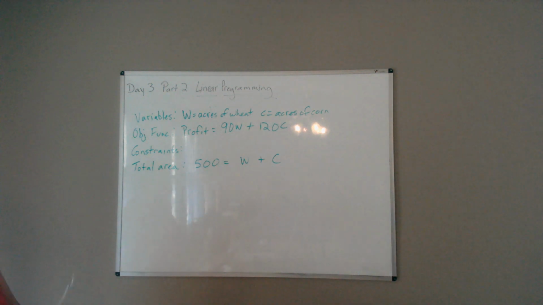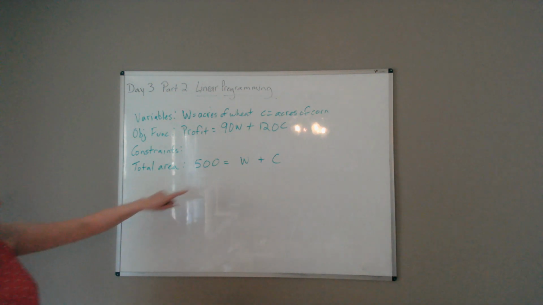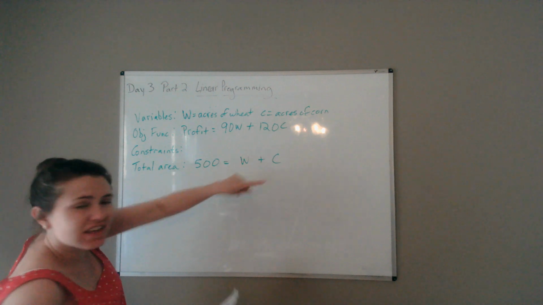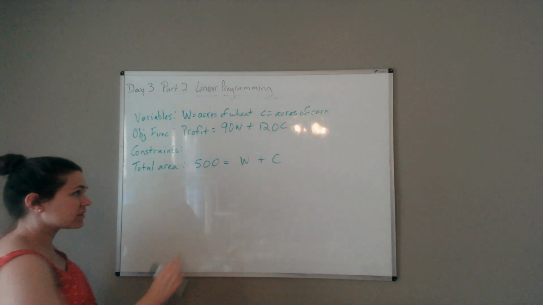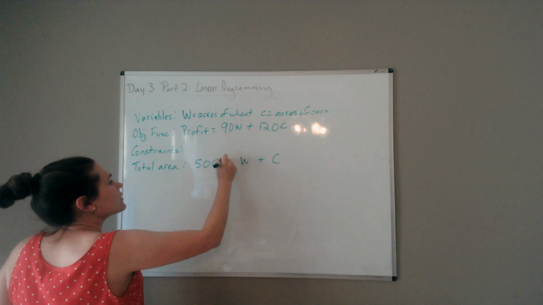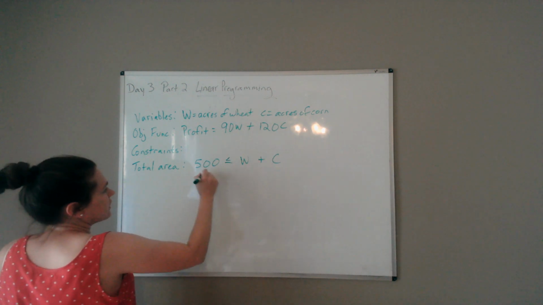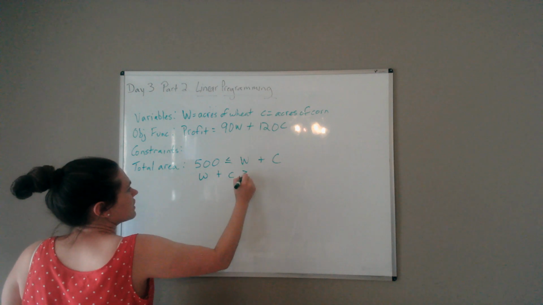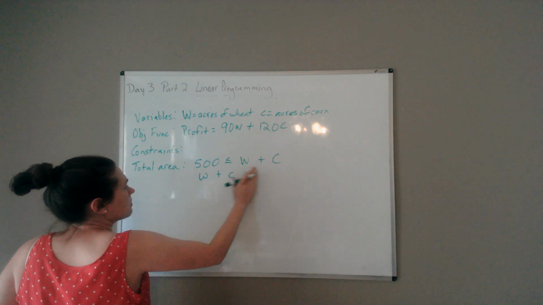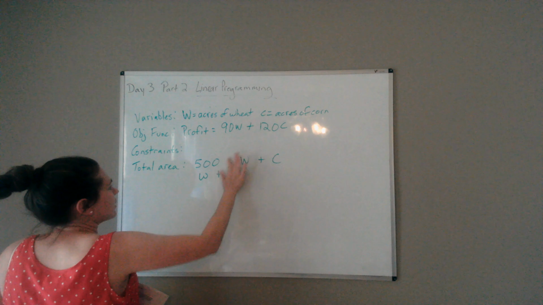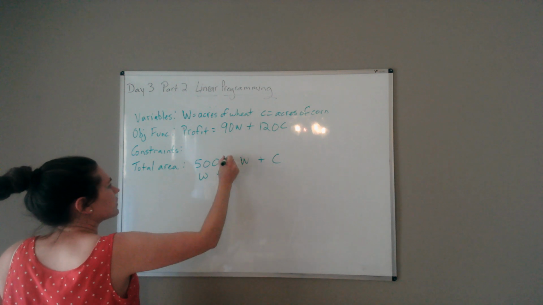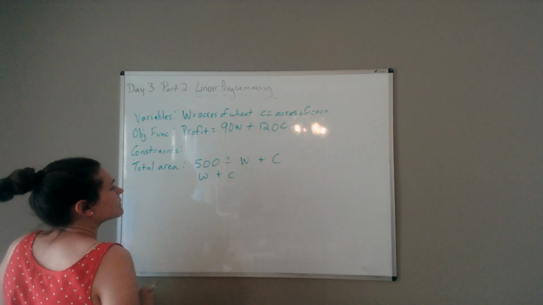But is it okay if we are less than 500? Yes. But can we be more than 500? No. If you don't like seeing it like this, you could just write it like this. W plus C has to be, whoop, not greater than or equal to. That's why it just messed me up. Okay.